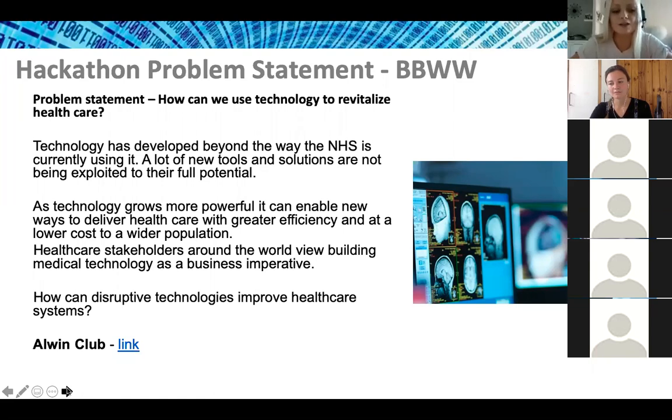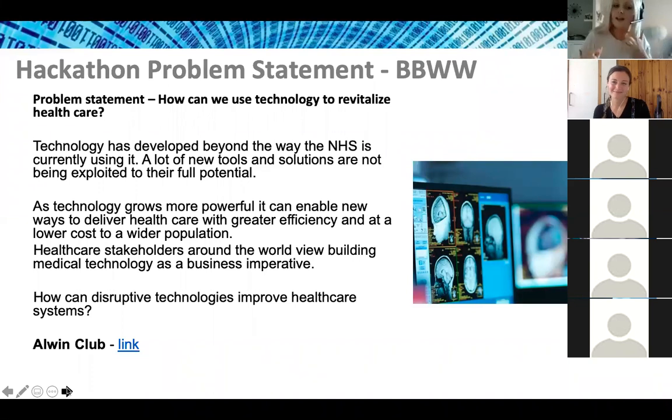So how can disruptive technologies improve healthcare systems? That basically means, what kind of tech can we implement into our healthcare? So the NHS, what kind of technology can the NHS use to better exploit the potential there? For example, I know that obviously coronavirus is a massive topic at the moment, and Korea, for example, has a trace and track app, which they actually used previously, so it had already been built, where if someone has the virus, they can trace them and then track every single person that has been in contact with that person.